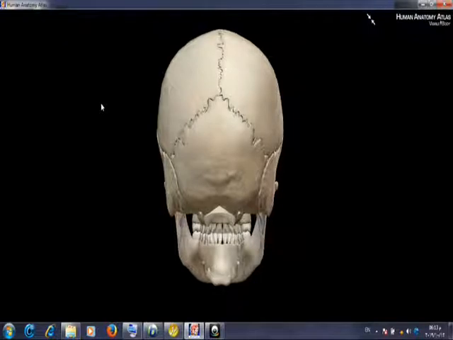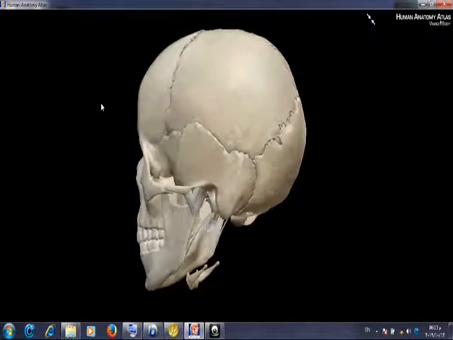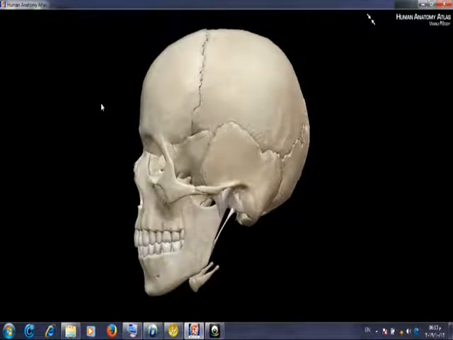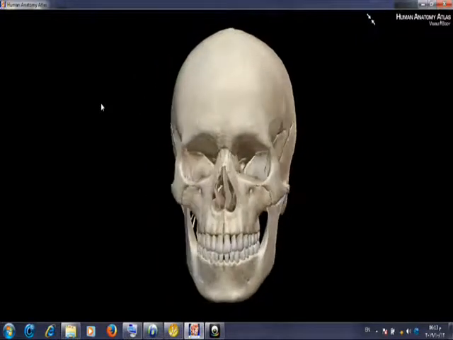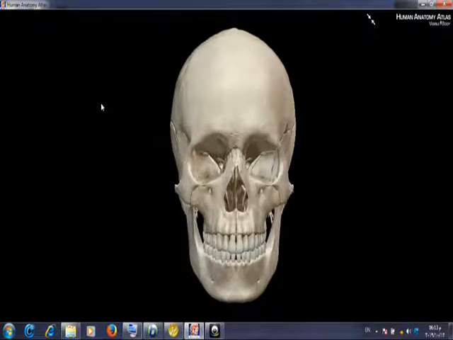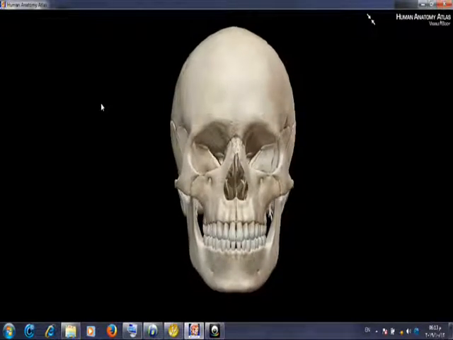This is the back of the skull. This is also the left side of the skull. So this is the skull of the human body. As a joke, this is the skull laughing, saying ha ha ha ha. For a joke only. So we start today.